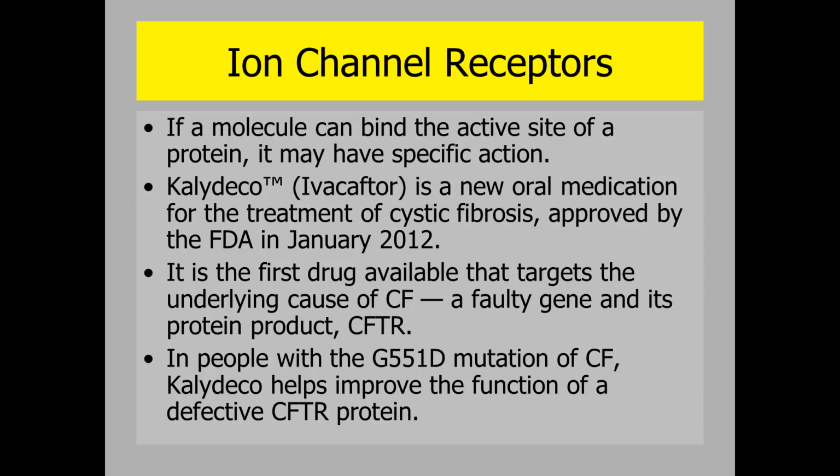One of the problems that can occur with cystic fibrosis is that you have a faulty gene protein product, the CFTR, or cystic fibrosis transmembrane receptor. So this CFTR faulty gene product is this faulty protein. Cystic fibrosis is a mutation in this CFTR.